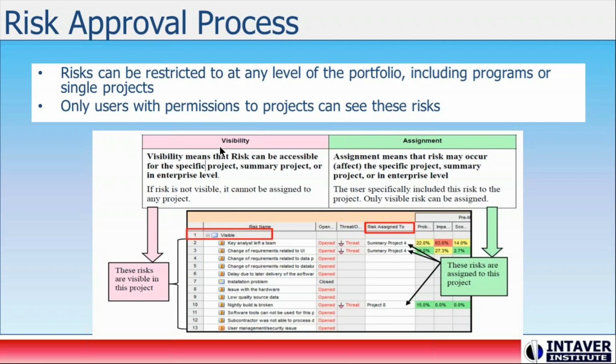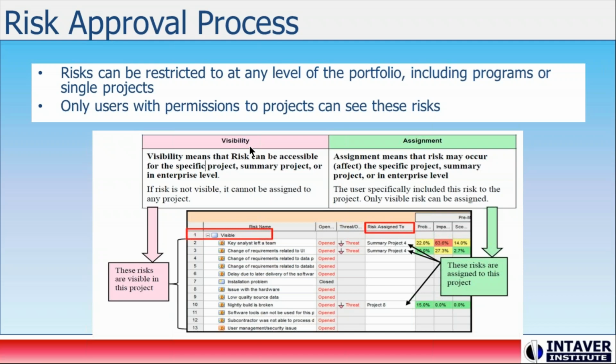Risk can be restricted to any level of the portfolio. So if we think that a risk is impacting multiple levels or multiple projects, and they're unmanageable at a project level, we could take those risks and move them up and have them managed at a program level or even at a portfolio level.